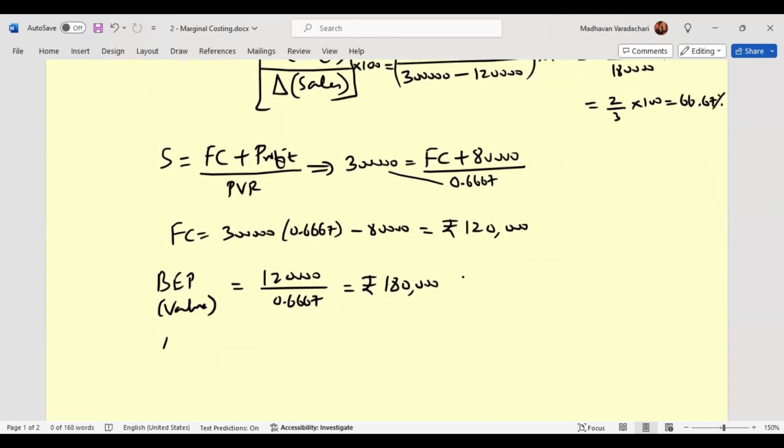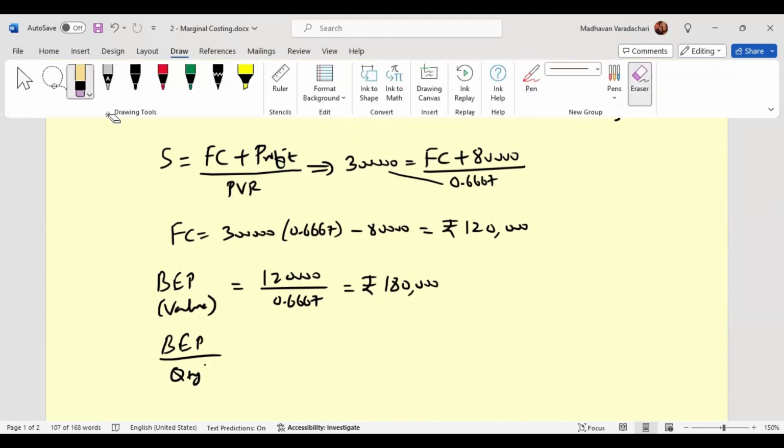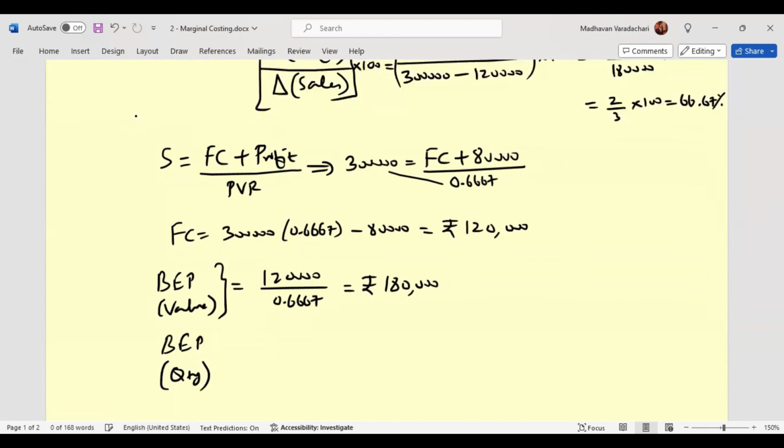Break-even point in terms of quantity will be break-even point in terms of value divided by the selling price.